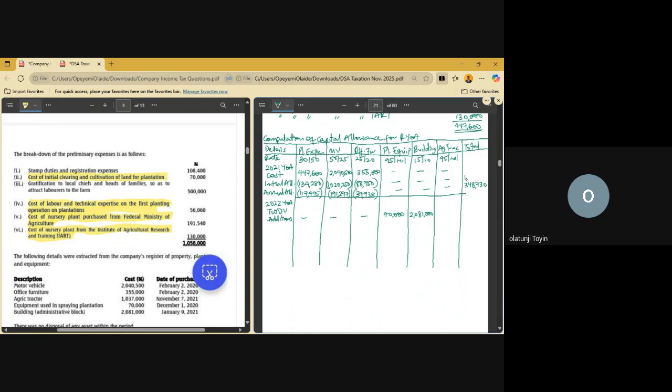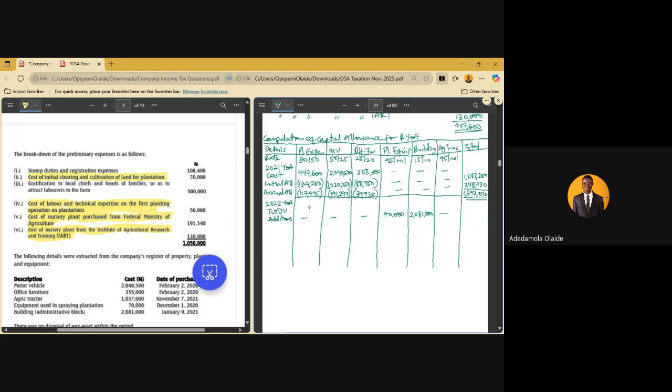Total initial allowance 1,243,280. So what is the summation? 1,592,010.